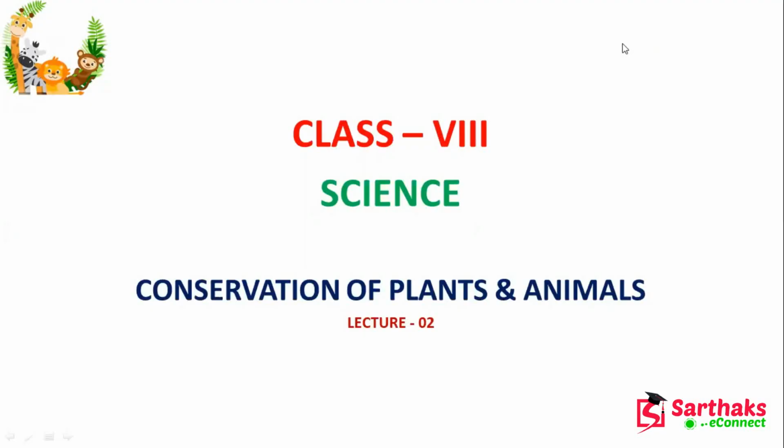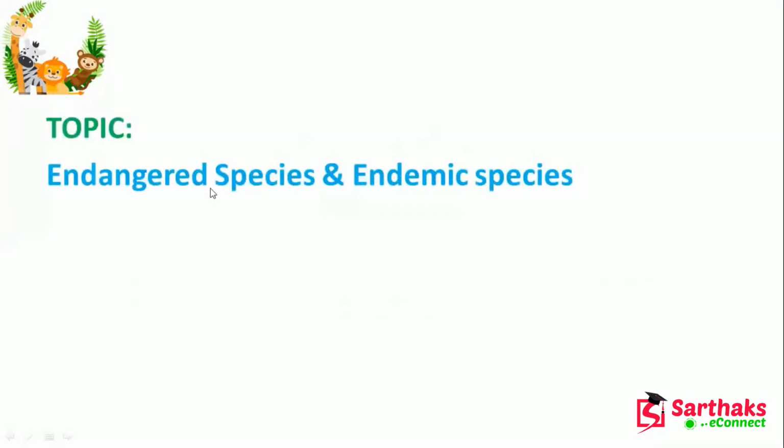Due to disease, climatic change, and also meteors, there are different causes behind extinction. But unfortunately, we are also responsible for the extinction of animals and mammals. So in this lecture we will discuss endangered species and endemic species.